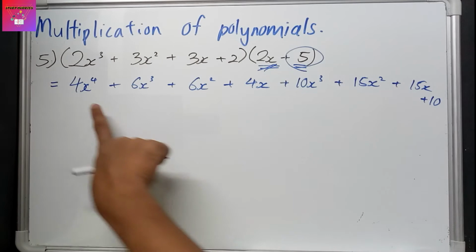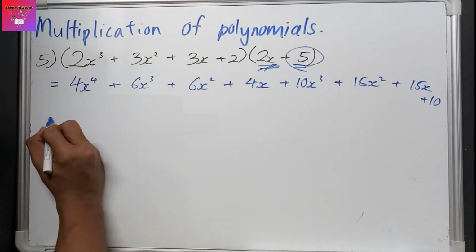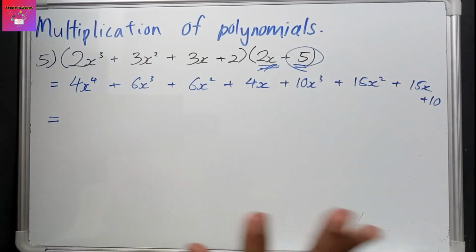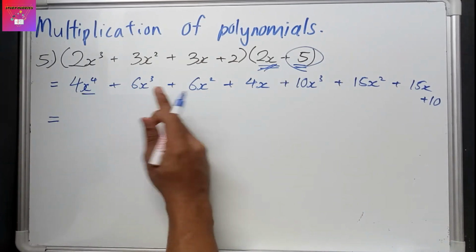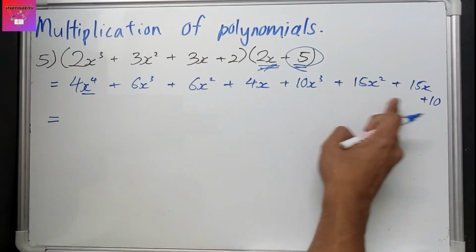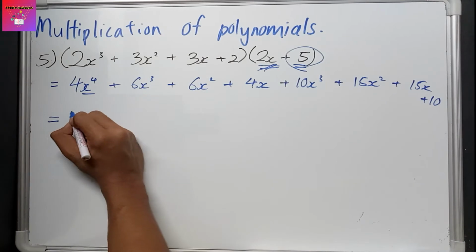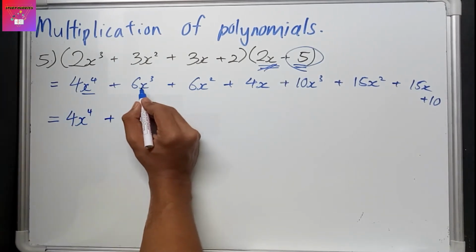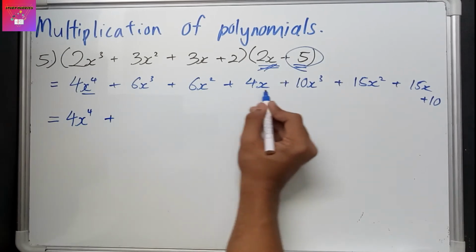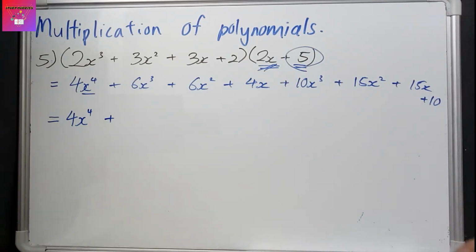Once we have written it down like this, as we did for all our previous examples, we add up according to the powers of x. So x to the power of 4: are there any other terms with x to the power of 4? No. Since there are none, we can just list it down here. Then 6x cubed, and we have another x cubed over here, and after that we do not have any others.